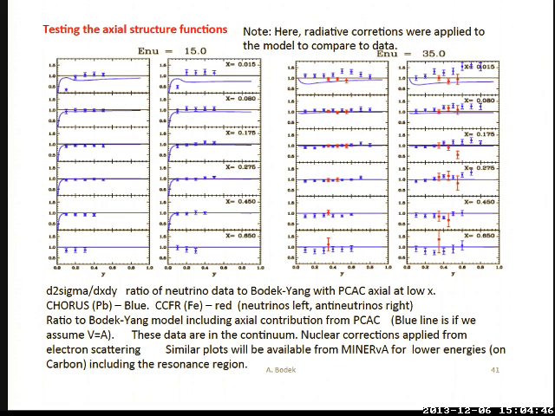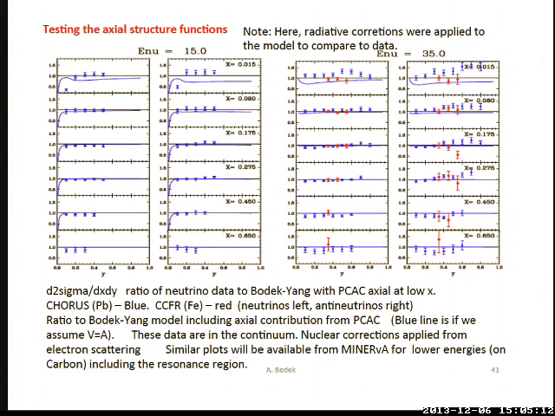And then if you take away axial equal to vector, then at low x, where the axial part C is different, you go below 1. So you don't fit the data as well at the lowest x point if you don't assume some sort of axial C, which is about 6% of the C in its usual strength.